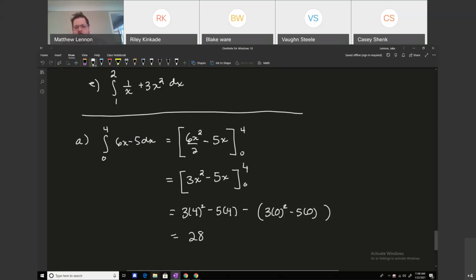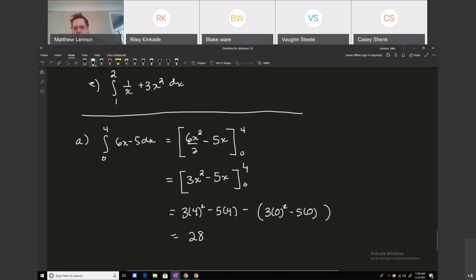So was anyone that worked on this problem able to get 28? That was our problem, but we didn't get that, but I see how you got it now. Any insight as to where things might have gone wrong? Was it, did you plug in like a 4 and then a 0?